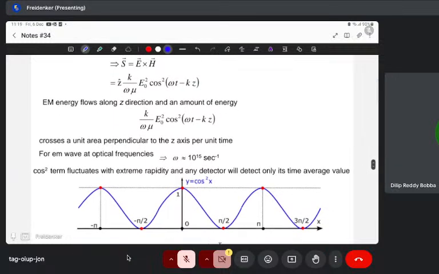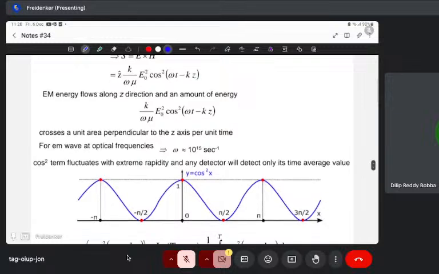Okay, what does the Poynting vector represent? Its units are watt per meter square, or you can think of it as joules per second meter square. So it's the rate of change of energy per unit area.